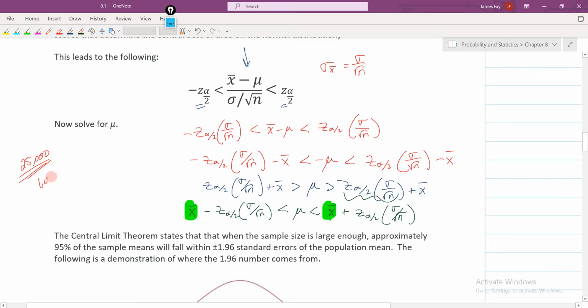So we had $1,000 of margin of error. That margin of error would be found right there with that information. The things I highlighted in blue are the margin of error that we see when we say a point estimate plus or minus something.